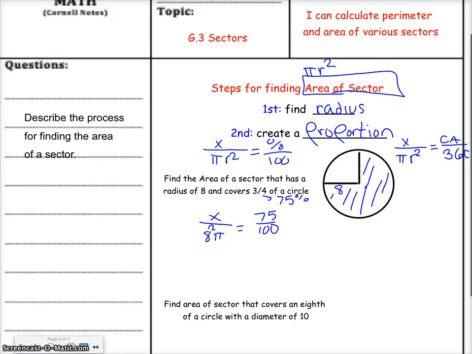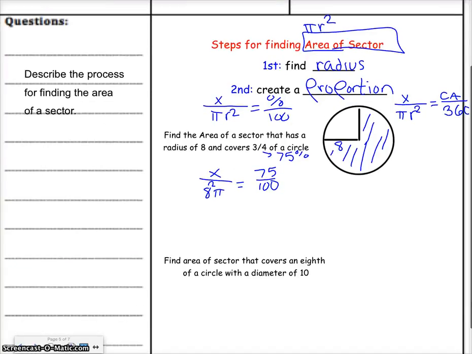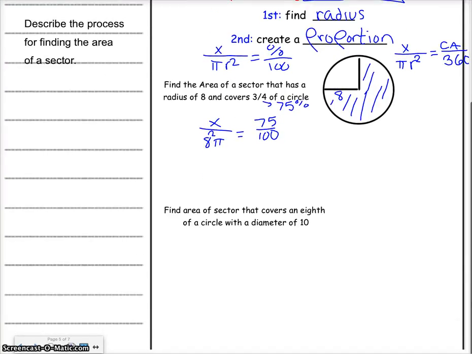So what I typically do here, though, I do a one-stop shop. I find my radius and square it right away when I'm dealing with area. So this is really, part of your area is to 64 pi, as 75 is to 100. And then you figure that out. And the nice thing about area, again, as I stated already, is you don't have to remember to add.